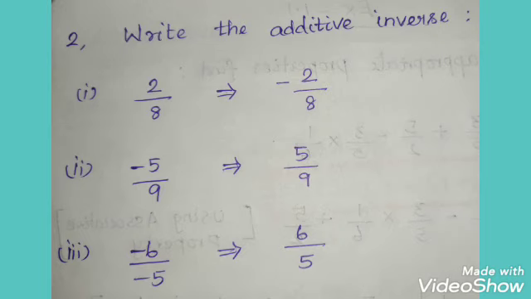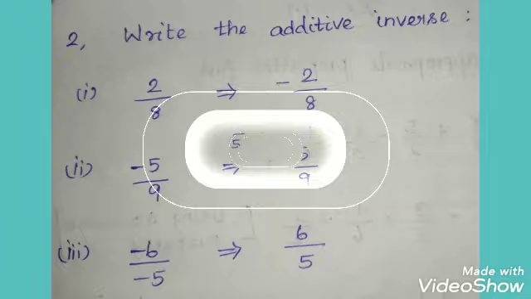Whatever it may be, if they are asking about additive inverse, you have to change the sign of the particular rational number. This is the main thing. You have to keep it in your mind.